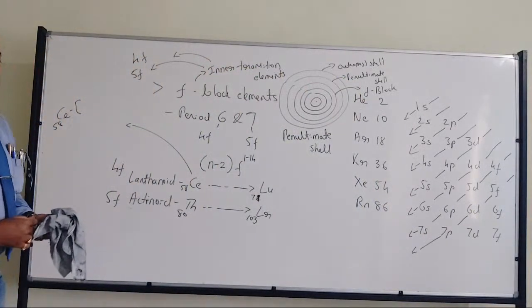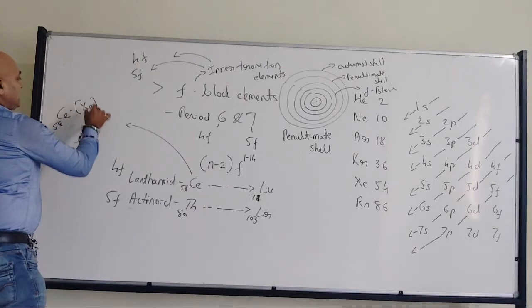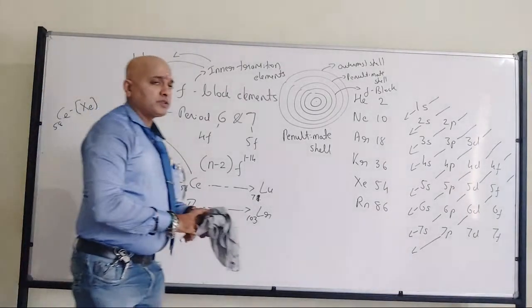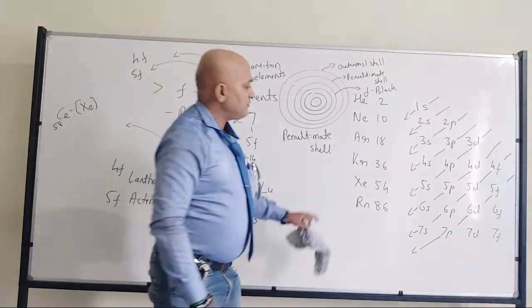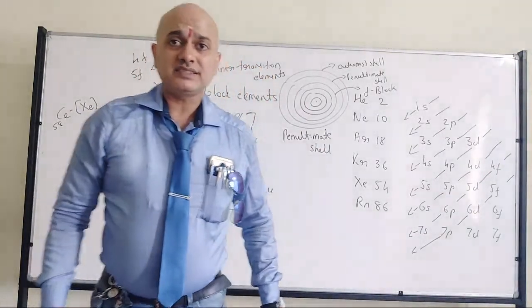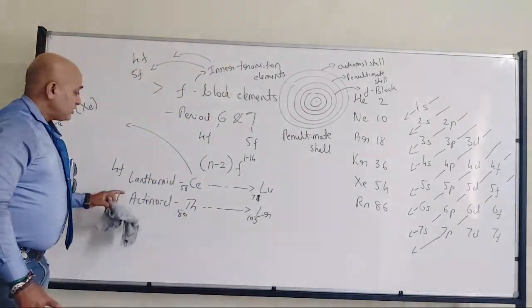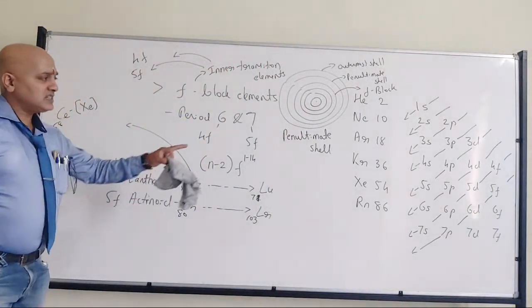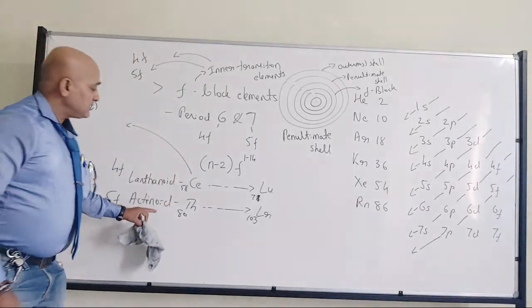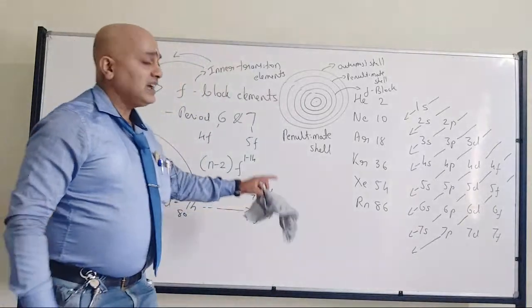So for 58, we can take the help of xenon. When it comes to F block, either we should use xenon or radon. No other inert gas will be utilized. For an element which belongs to the lanthanide series, we have to use xenon. For an element which belongs to the actinide series, we have to use radon.